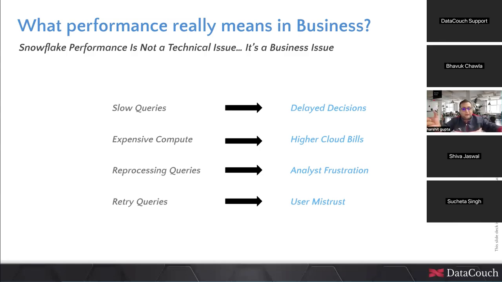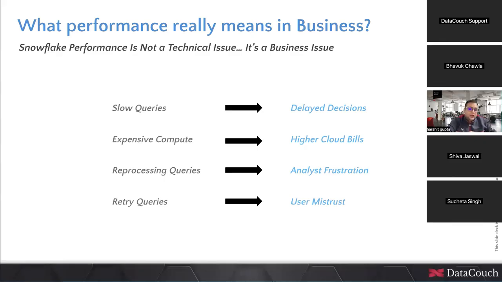Data engineers get blamed for something that is fundamentally architectural. A lot of such issues start happening if performance has not been optimized. That is where performance optimization comes in.